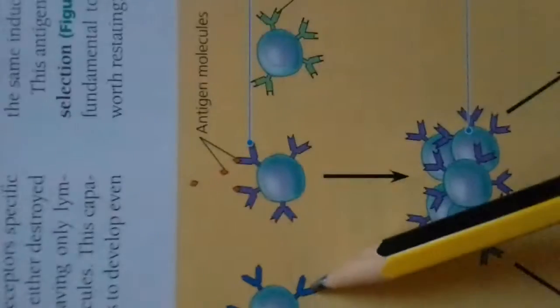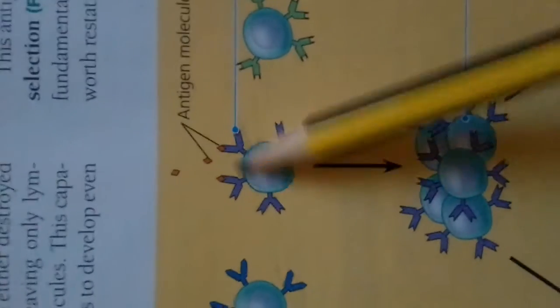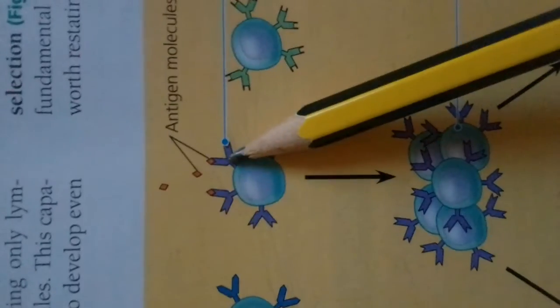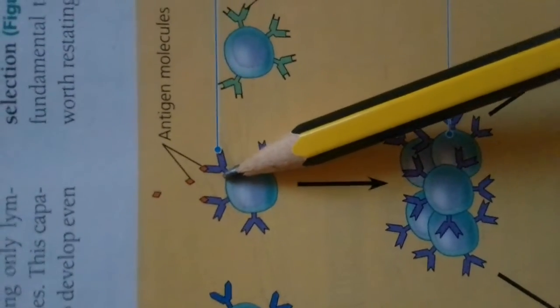Notice these are B cells that differ in antigen specificity. Antigen molecules bind to the antigen receptors of only one of the three B cells shown.